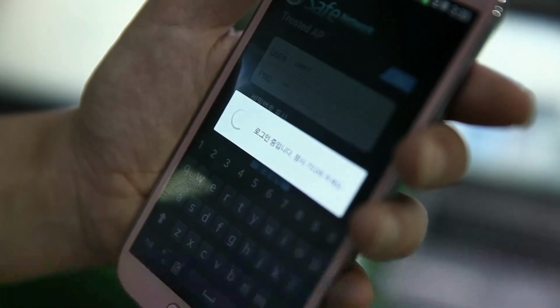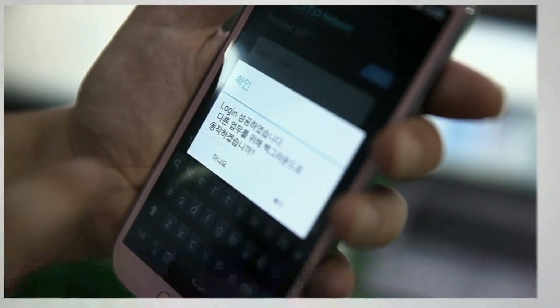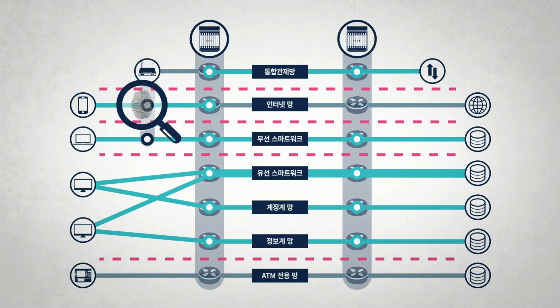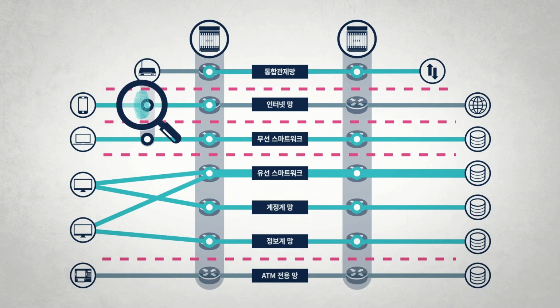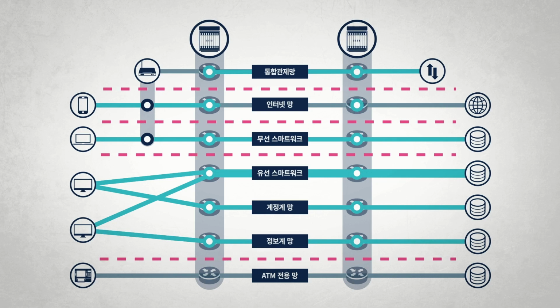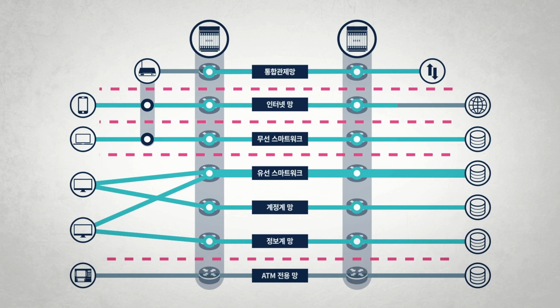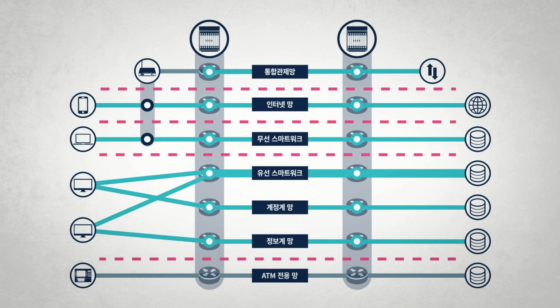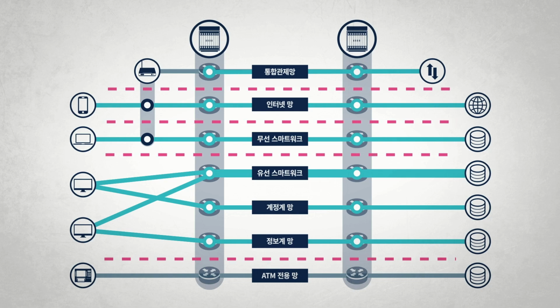First, it is logged in via a smartphone. Once logged in, certification from the integrated control network is achieved, and the authorized smartphone goes through the AP, safely accesses the according network, and connects to the internet server.